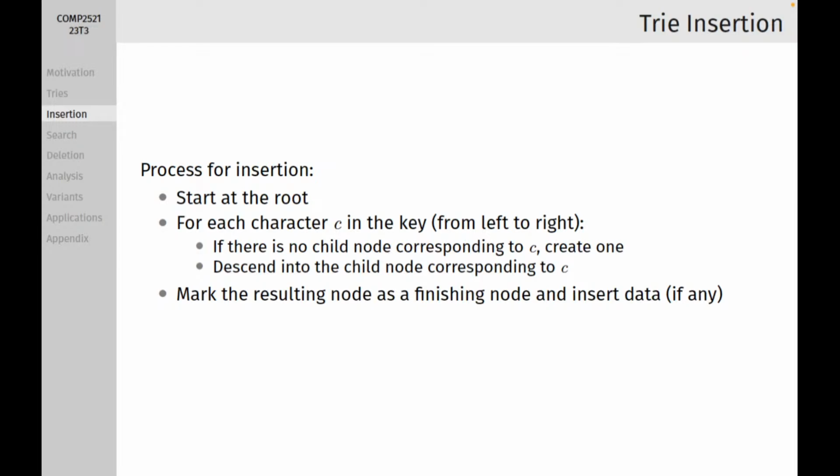Then for each character in the key from left to right, if there is no child node corresponding to the current character, then we create the new node, and then we descend into the child node corresponding to it. And once we've gone through the whole key and we've descended all the way down to a node, then we mark the resulting node as a finishing node, and we insert the data if there is any.